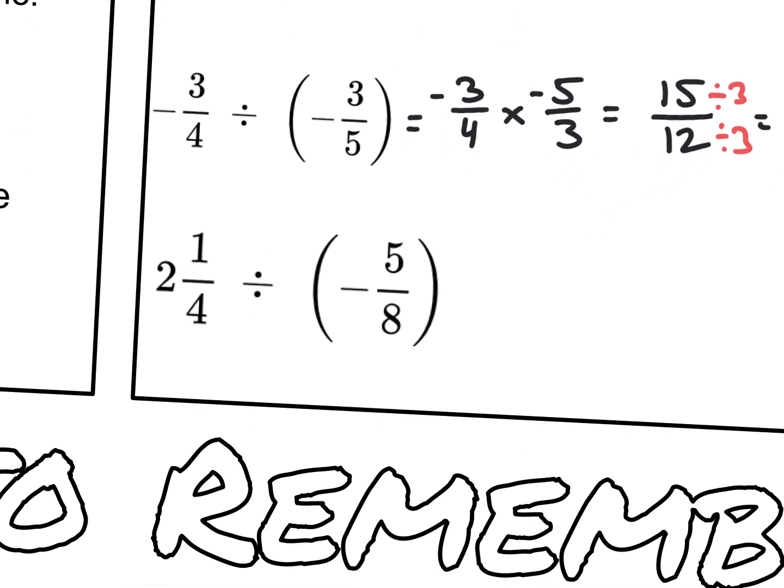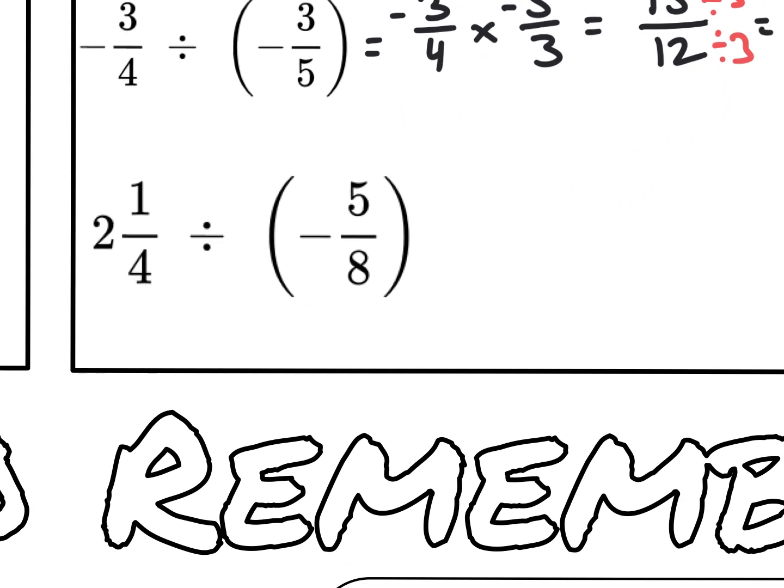All right. Last one, we have our mixed number, so we're going to change that first. 4 times 2 is 8, plus 1 is 9. So this is going to be 9/4 because we're going to keep the first value as it is. Multiply, we're going to flip our second one. 9 times 8 is 72. 4 times 5 is 20.